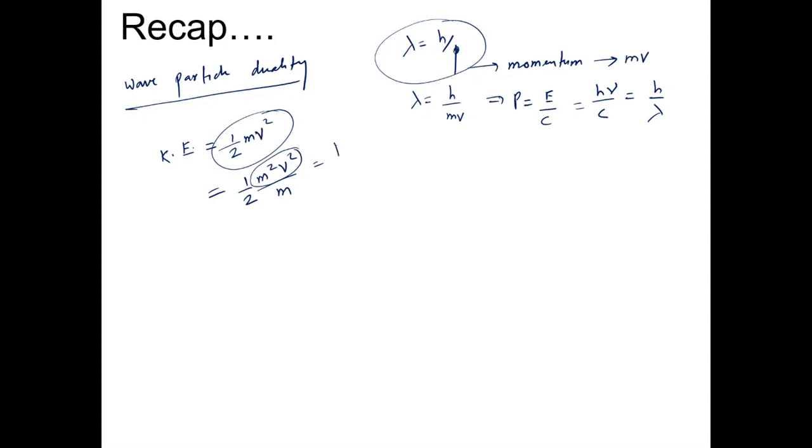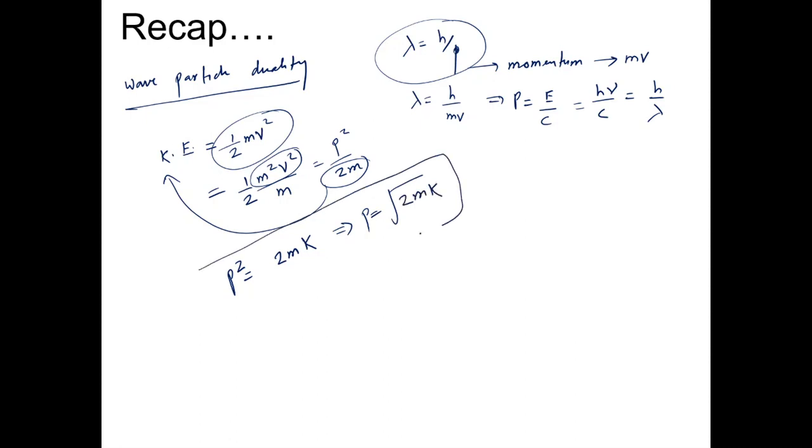So I can write this as momentum square divided by 2m. And if I take this to the other side, it becomes momentum square equals 2m K. If I write kinetic energy just as K, so this becomes momentum equals square root of 2mK. This is something which we are going to use subsequently.